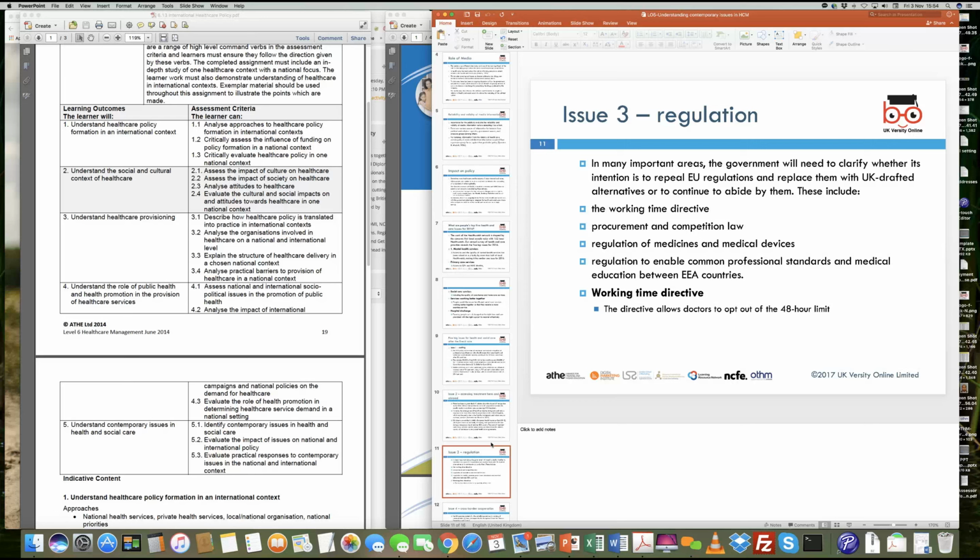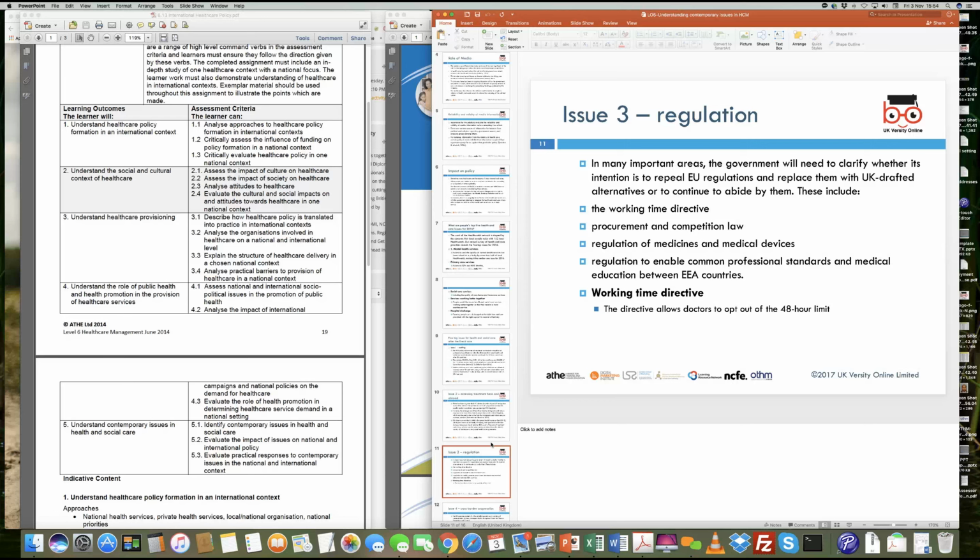One of the key things that we study under this is that, under European law, the full-time working week is how many hours? 48? No, it's not 48. The full-time working week is 37.5 hours. 37.5, yeah. 37.5, or say a round figure of 40 hours.